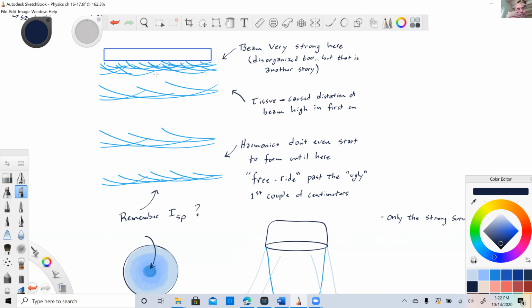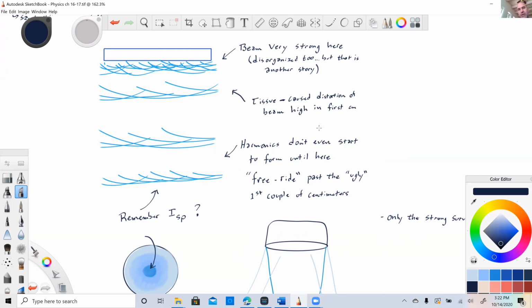And also, not to mention, the attenuation thing that I already mentioned. So tissue caused distortion of beam high on the first centimeter. So we get some distortion artifacts in the beginning.